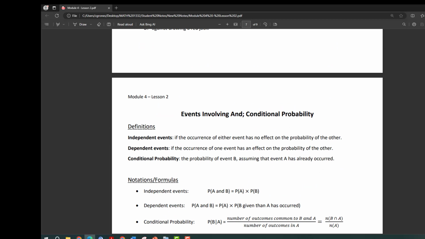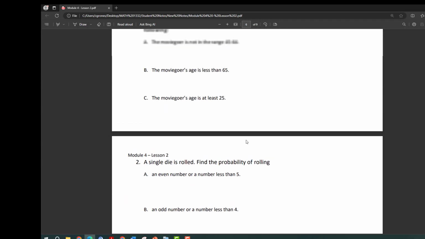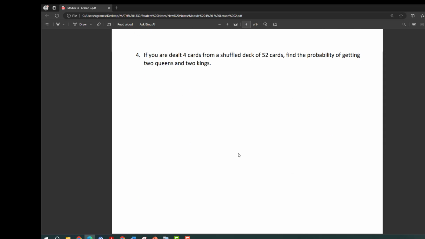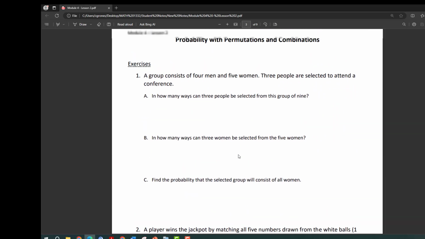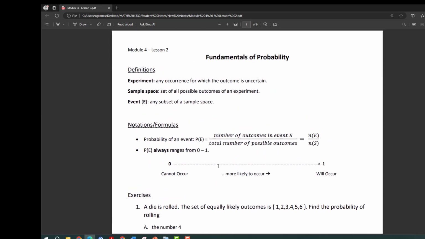And the last part is events involving and then conditional probability. So we will be getting into some more intricate probabilities. We'll start off slow with just the basics, and then we'll go in deeper.